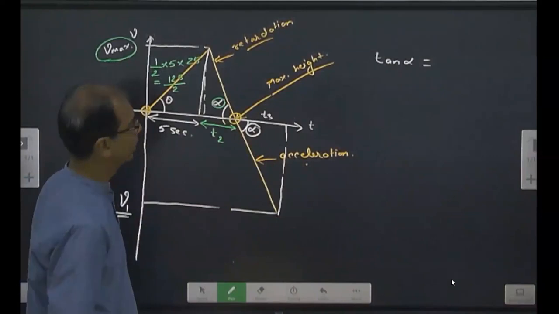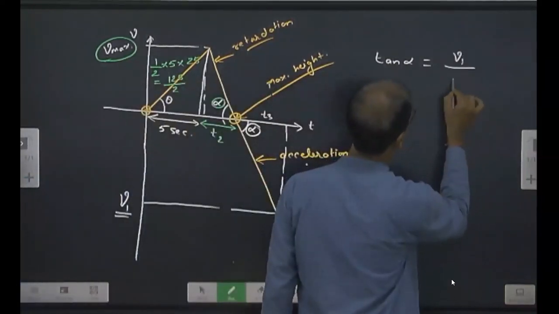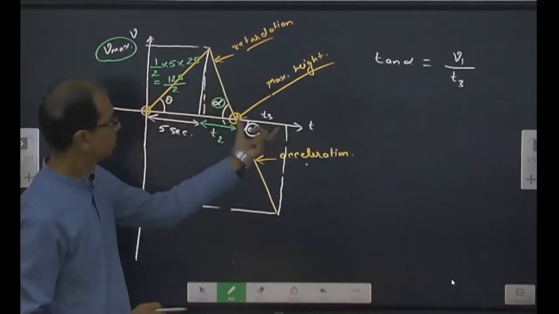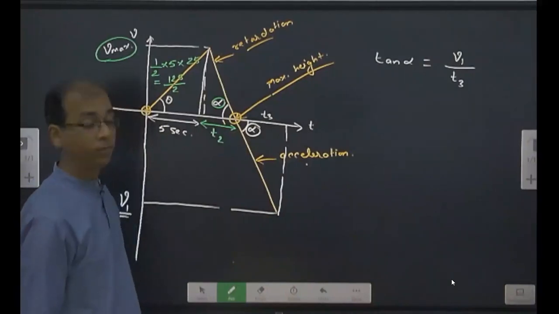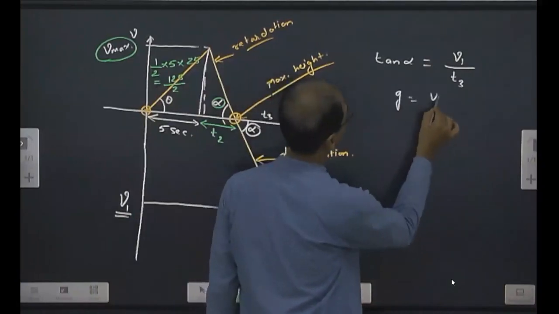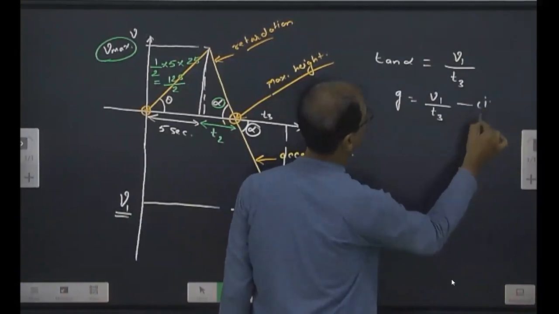So I'll write, find tan alpha equal to V1 by T3. Height is V1, base is T3. The tan alpha value is G, we know. So G equals V1 by T3. This is equation number 1.